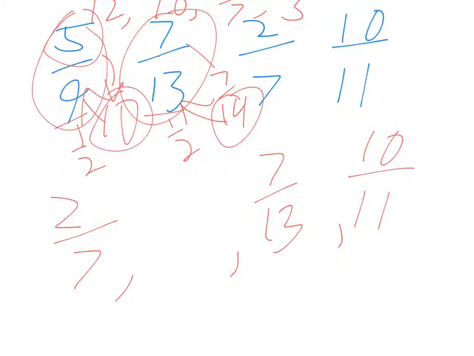And oh, wait, no, we didn't do this earlier. This is slightly different. So this is a tricky one because 5/9 is going to be slightly more than a half, and so is 7/13. So as we're sitting there thinking, okay, they're both a little bit more than a half, and we have to figure out which fraction is closer to a half.